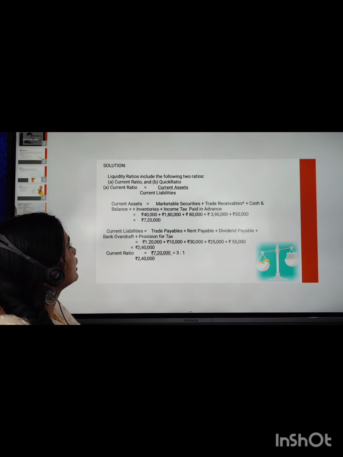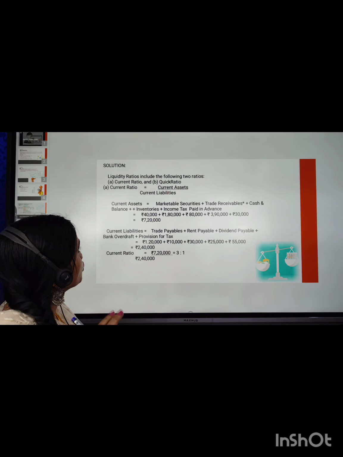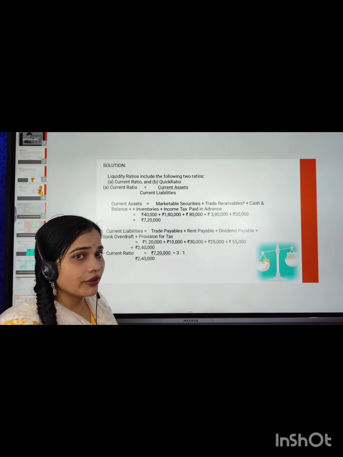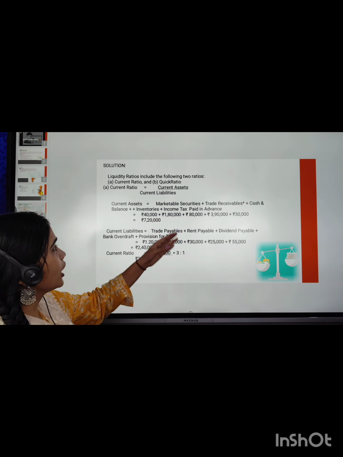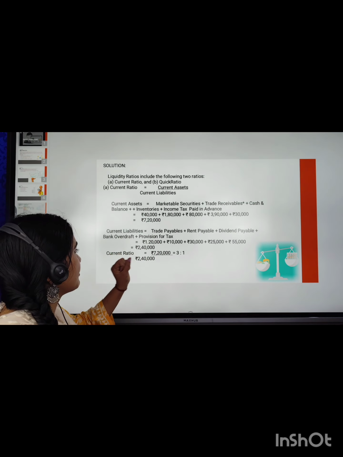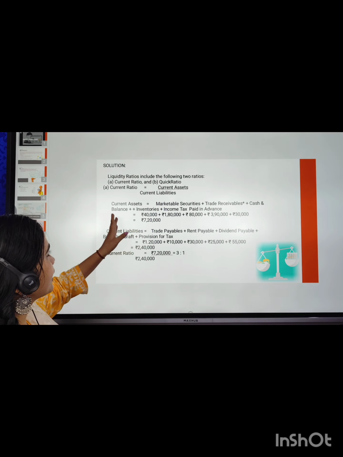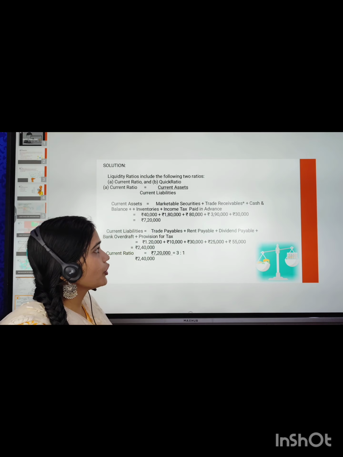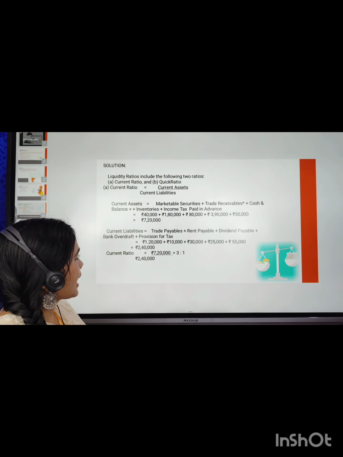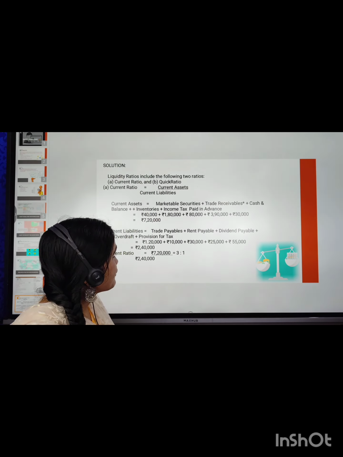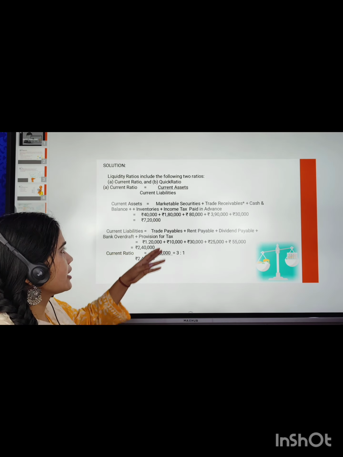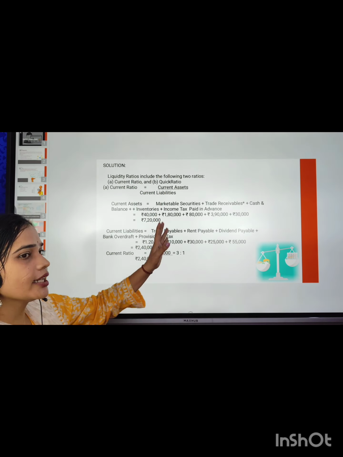First we need to calculate liquidity ratio, which includes two ratios, one is our current ratio and another one is the quick ratio. Current ratio formula, current assets upon current liabilities. In the question we have current assets, that is marketable security, plus trade receivable, plus cash and bank balances, plus inventories, income tax paid in advance, that is a total of 7,20,000.